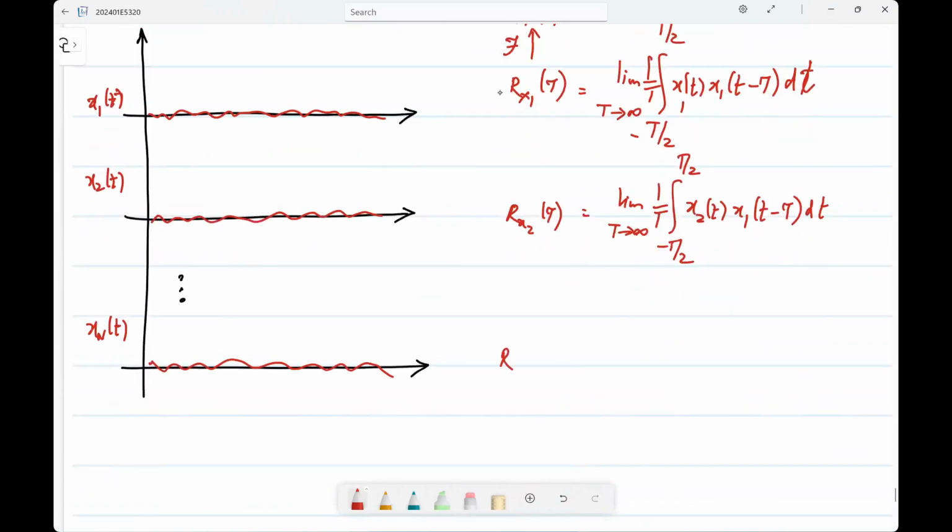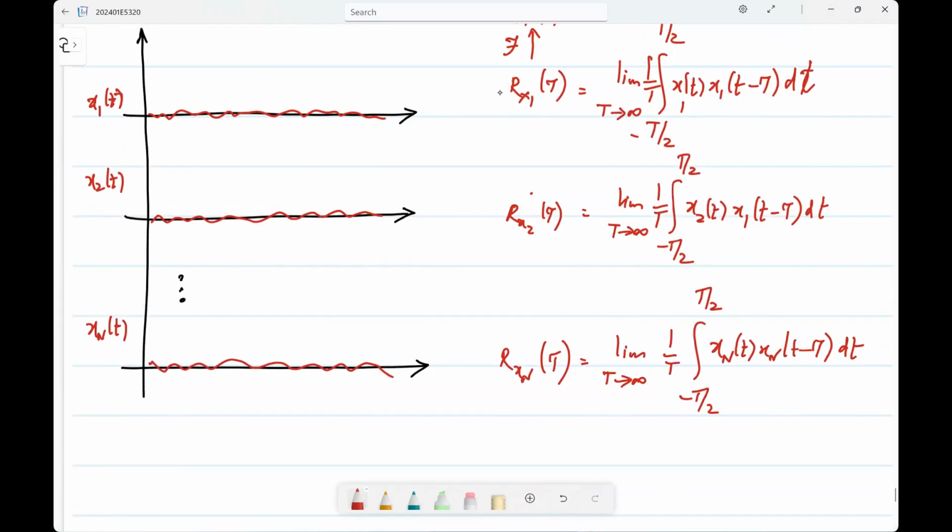And similarly, this is tau. The number of instances also has to go to infinity. Okay.